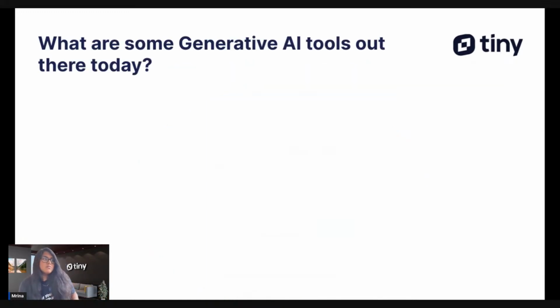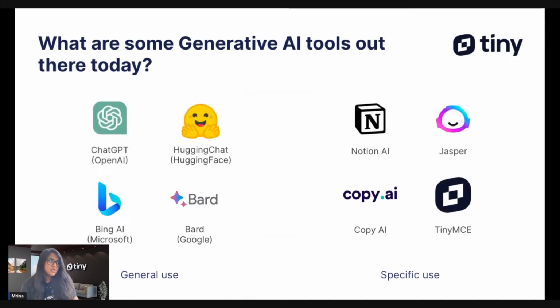So, what are some of the generative AI tools out there? I'm sure we've all heard of ChatGPT. It's the super smart chatbot that can generate human-like text. It's being used for all sorts of things like customer service and content creation. There's something similar out there that is open source, which is HuggingChat.